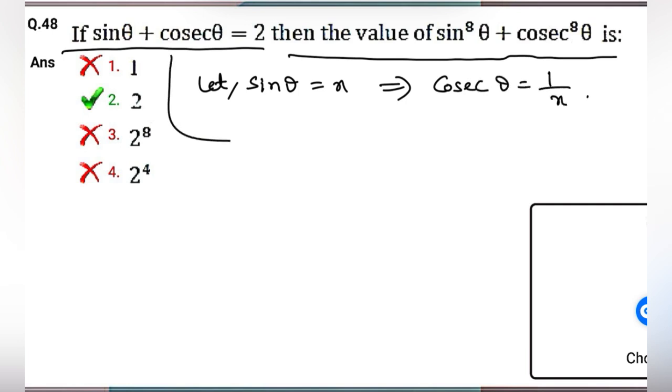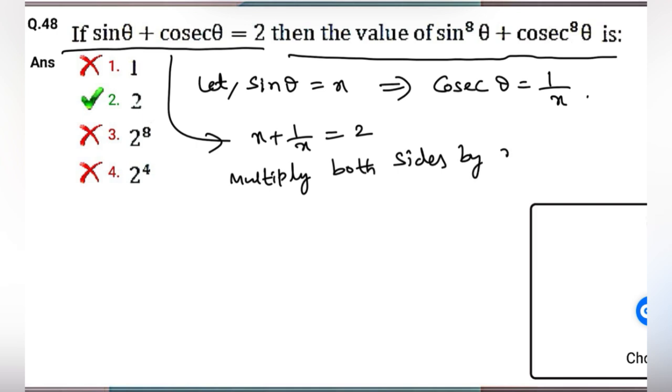So this equation can be written as x plus 1 by x is equal to 2, and multiply both sides by x, which implies x square plus 1 is equal to 2x.